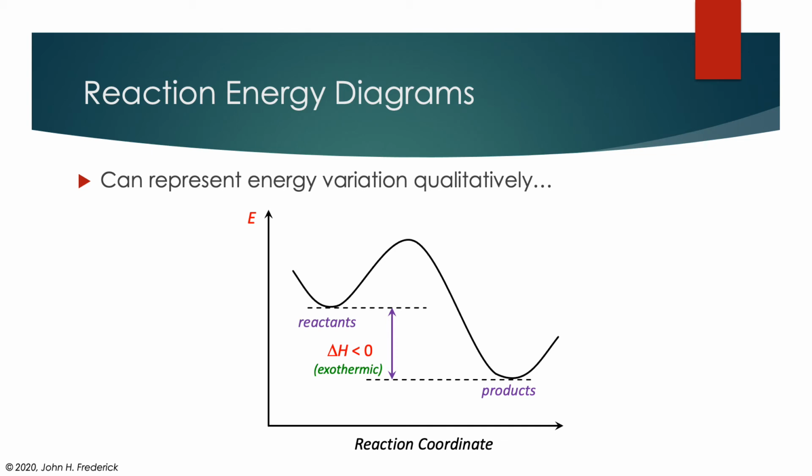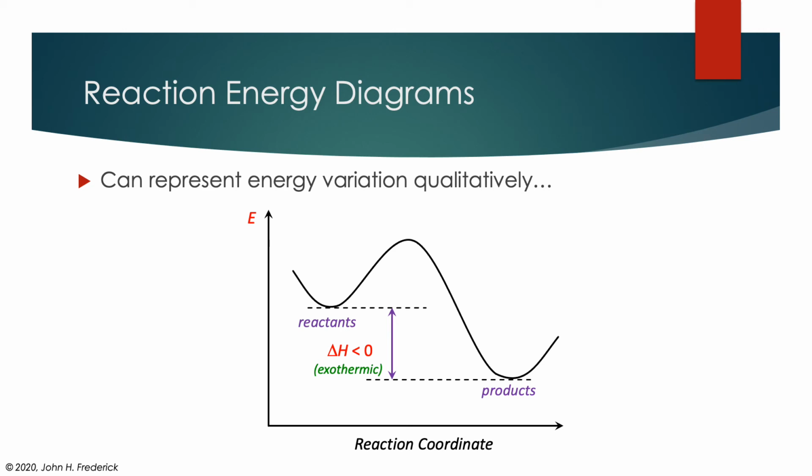But there's a lot more in this picture now that we didn't have in the earlier one. For one, we can see that in order to get from reactants to products, we had to go over some kind of energy hill. And in going over that hill, we had to add energy to the reactants before we could get all that energy back from the exothermic process.